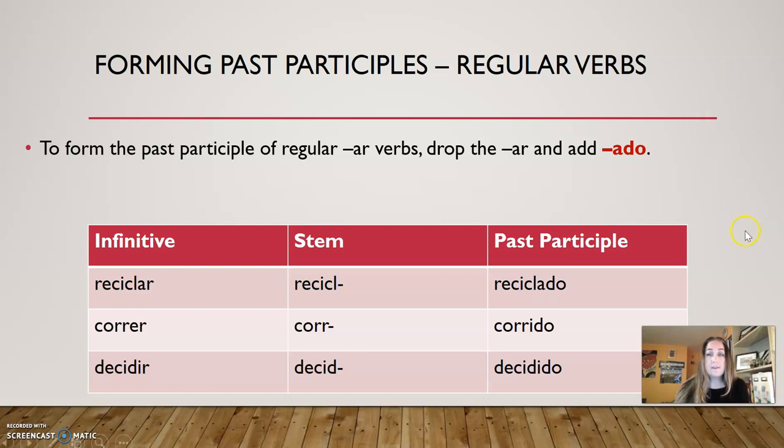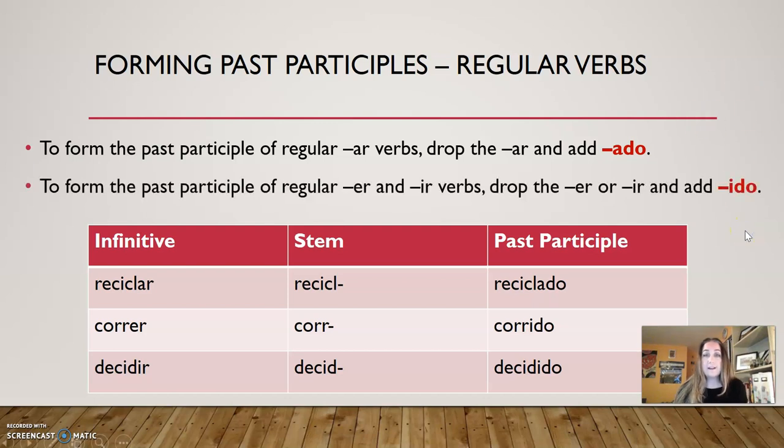For the regular ER and IR verbs, to form the past participle, we drop the ER or the IR to isolate the stem, and we add -ido. So the past participle for correr is corrido. For decidir, decidido.